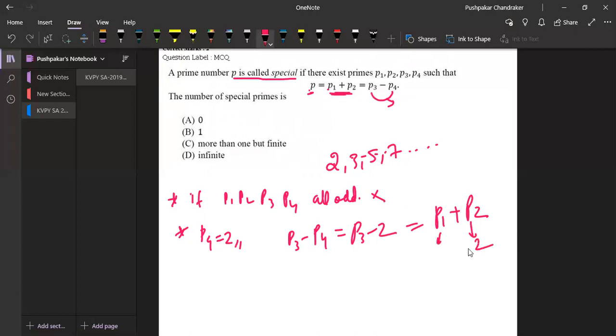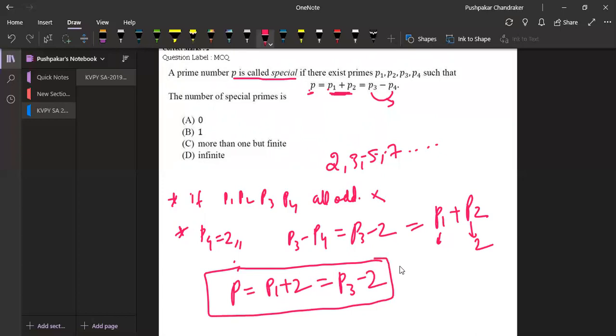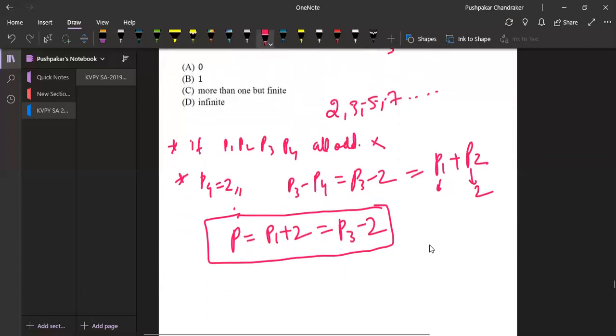So suppose this is 2. This must be some odd prime number. So P equals P1 plus 2, where one of them has to be 2 only, and that equals P3 minus 2. This is the only possible case which can satisfy the condition. It's very easy to judge by initial prime numbers, because initial prime numbers happen more frequently.